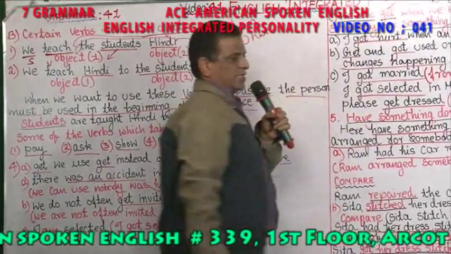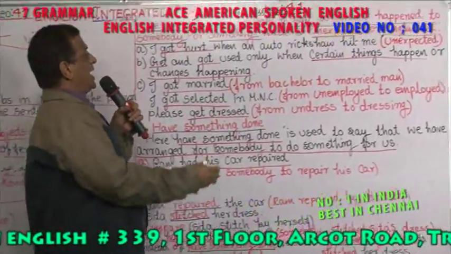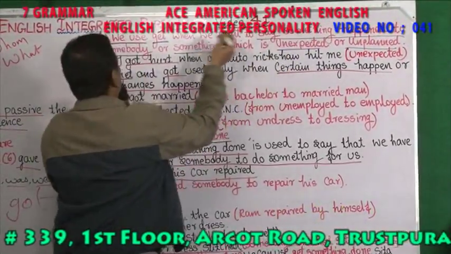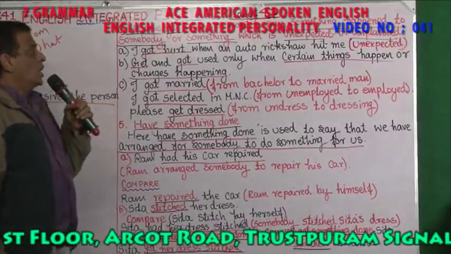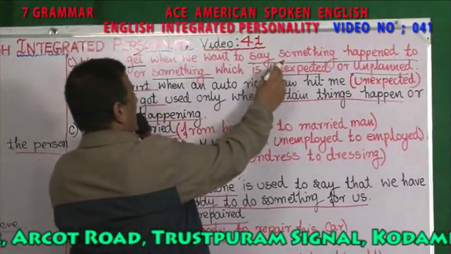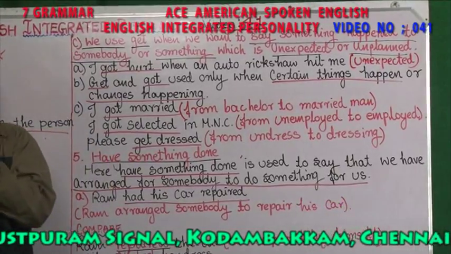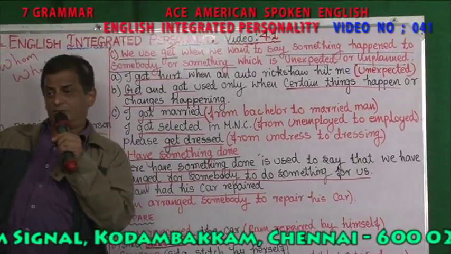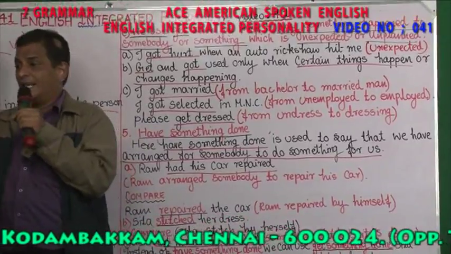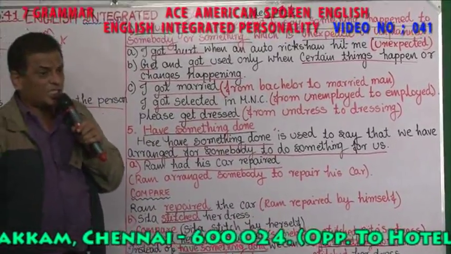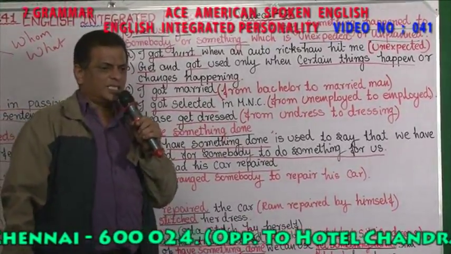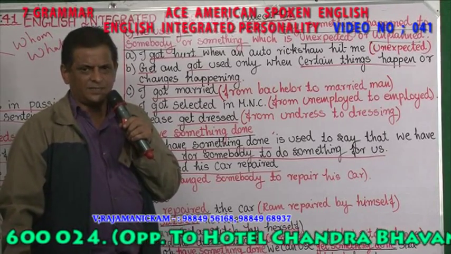Now, my dear friends, where do we use get? When we want to say something happened to somebody, something unexpected or unplanned. He got hurt. He got disappointed.